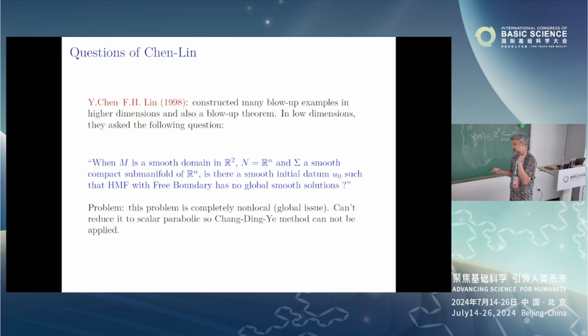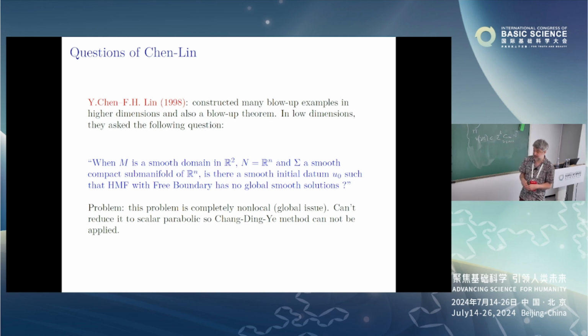Let's take the domain being smooth, and the target being, for example, R^n or a flat torus, and Sigma a smooth compact manifold. Is it possible to cook up smooth data so that the flow is blowing up in finite time? So the harmonic map flow with free boundary has no global solution.